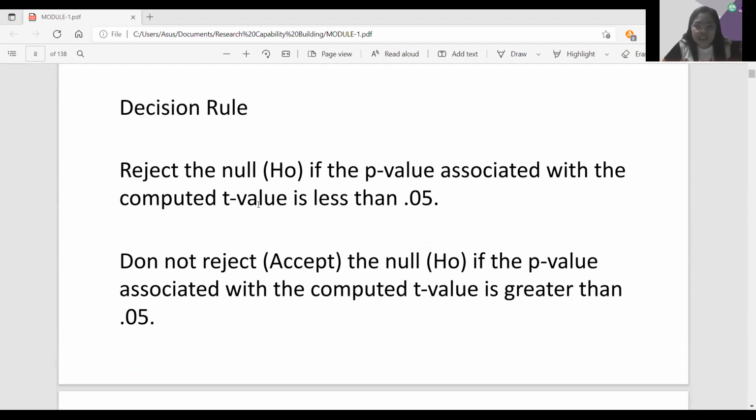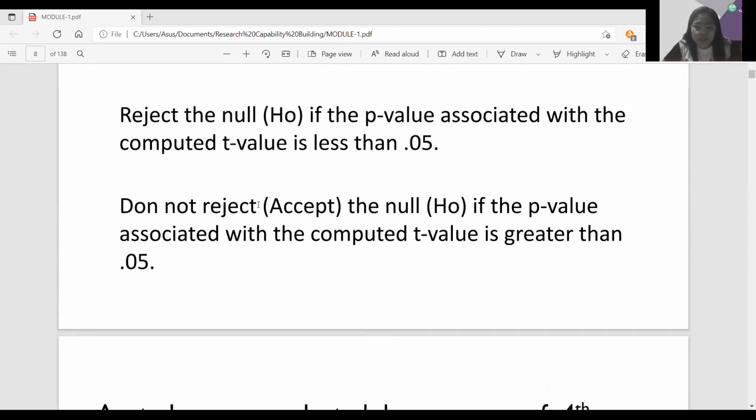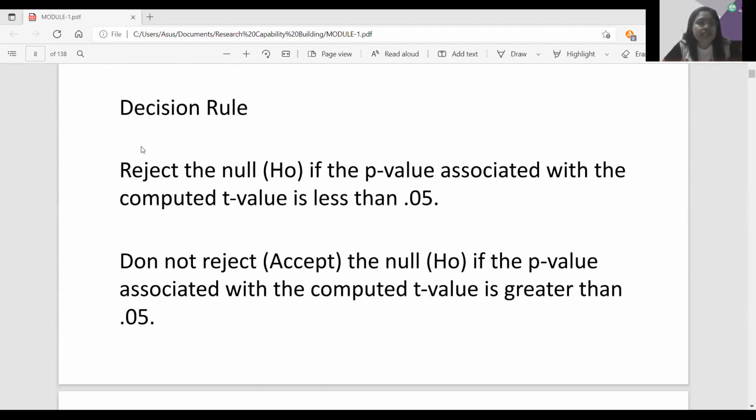Now, before we'll really move on to the application of the software, this is our decision rule. Take note, decision rule for our t-test. Number 1, we have to reject the null hypothesis if the computed p-value is less than 0.05.